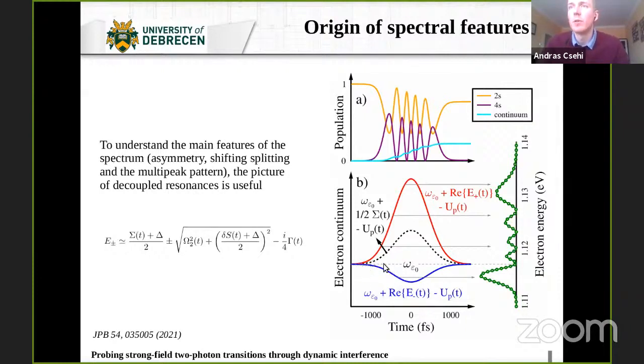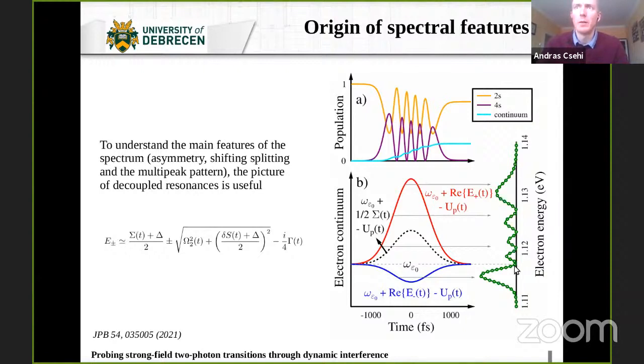And the asymmetry of the spectrum is the result of the fact that the blue curve is more shallow than the red one, and therefore electrons emitted here are distributed in a narrow energy window. That's why the lower energy side of the spectrum is higher, while on the other side the curvature is larger, so the electrons are distributed in a wider energy window, and the higher energy side of the spectrum is lower in height.